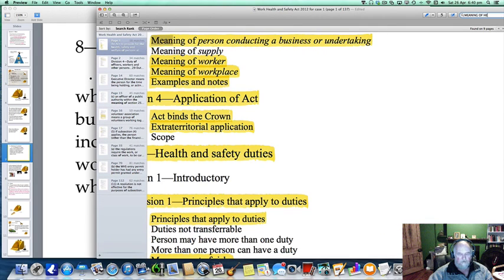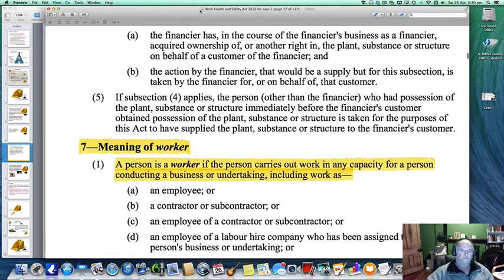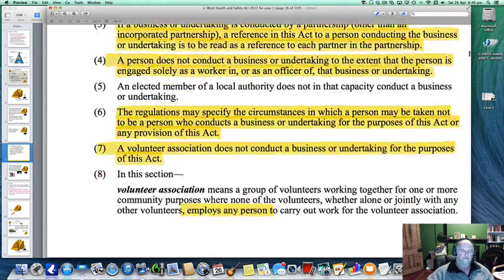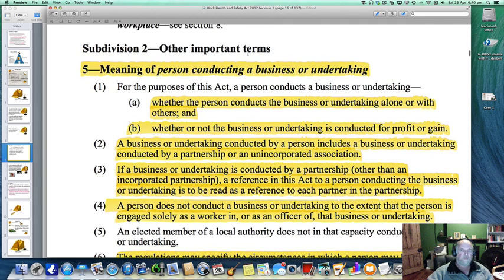So if you go back to the Act again, you'll see that. Section 5 is the meaning of the subdivision. Other important terms is what we're looking at. Subdivision 2, that's one we're looking at.